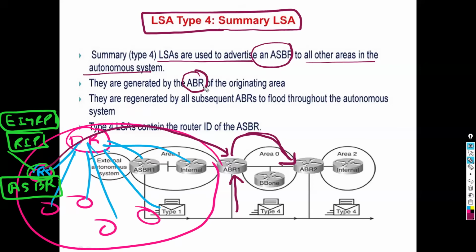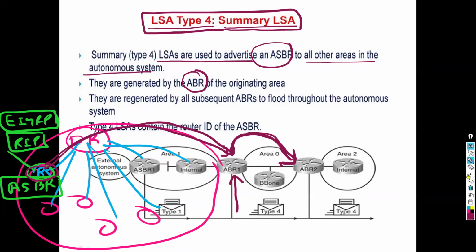This update is generated by the ABR, but this is not an O IA route; this is an OE2 route. So the ASBR information in this area is being sent by the ABR to a different area. This type of update is called summary LSA, LSA4. Clear now?